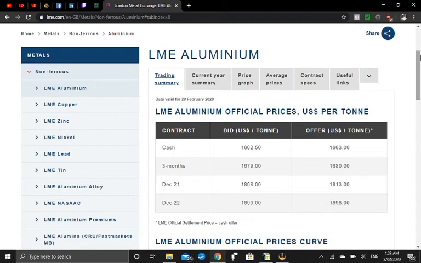The last, I'd say probably around mid-2018 or early 2018, was the last time that we had a buyer that we dealt with for aluminium. Since then, there hasn't been any buyer that we've even gone into any kind of deep discussion about aluminium with.